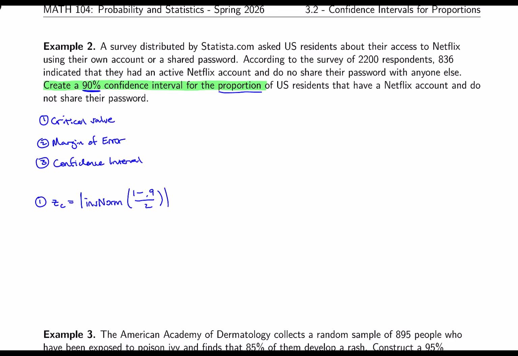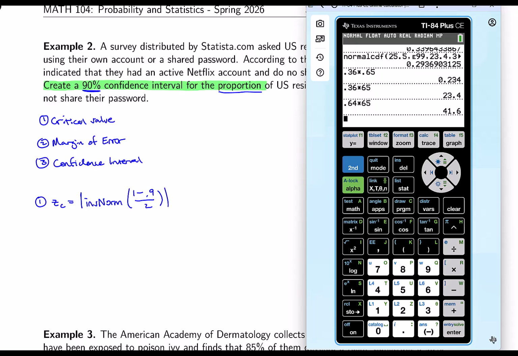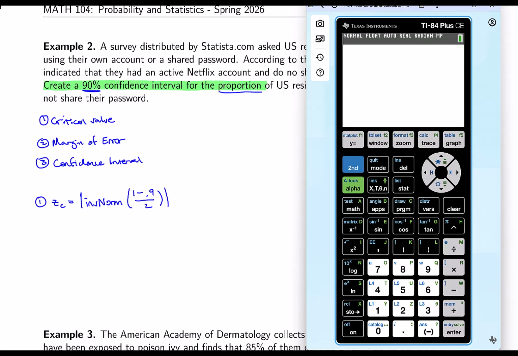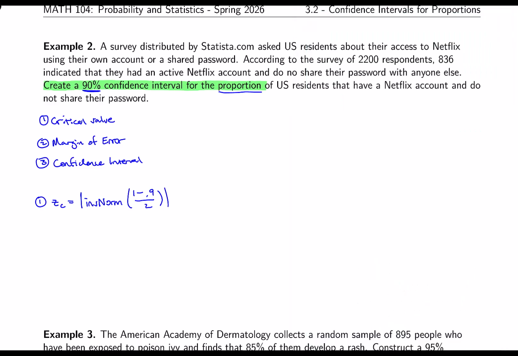Now, this is something from a previous section, so I'm going to use the TI calculator here. If you're using a different type of technology, you should know how to use it for this operation at this point. All right, so we'll do inverse norm. The area that we're using here is 1 minus 0.9, which would be 0.1. And then we divide 0.1 by 2, that's going to be 0.05.